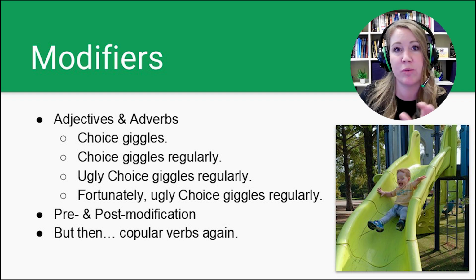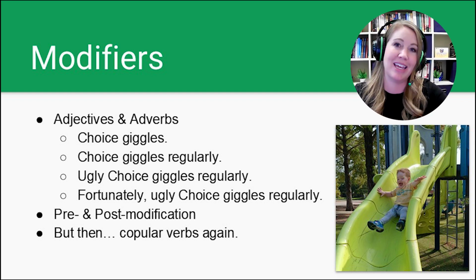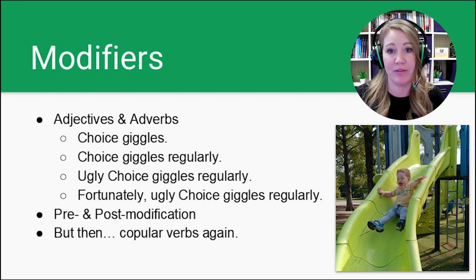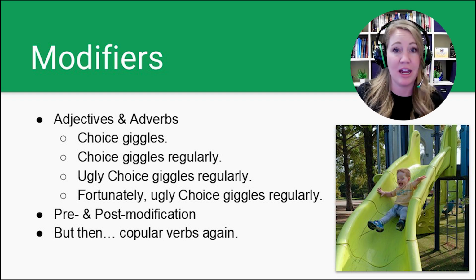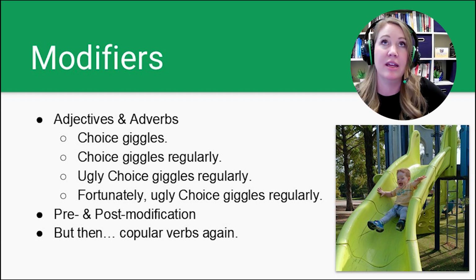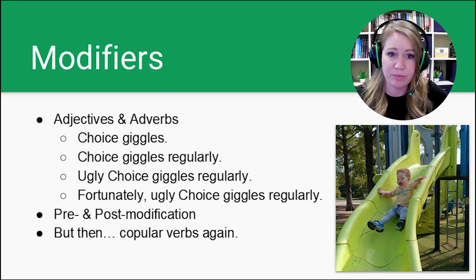However, there is one caveat to keep in mind. If you recall our discussion on verbs in my last video, verbs part 1, you know about copular verbs. So for instance, in the sentence choice is ugly, the word ugly is not a modifier. It's not like how it was used in ugly choice giggles.